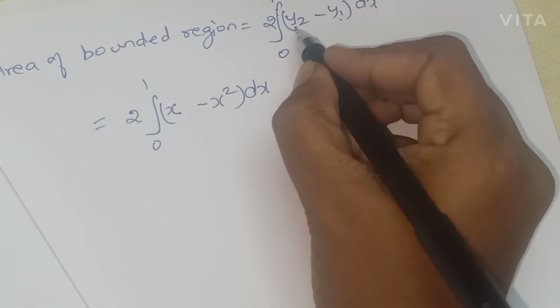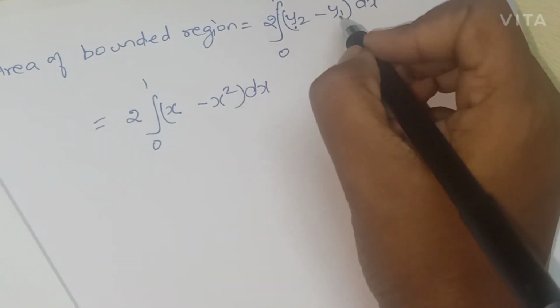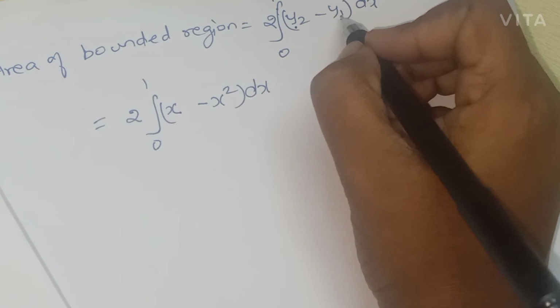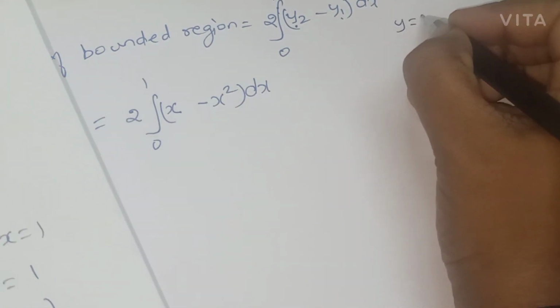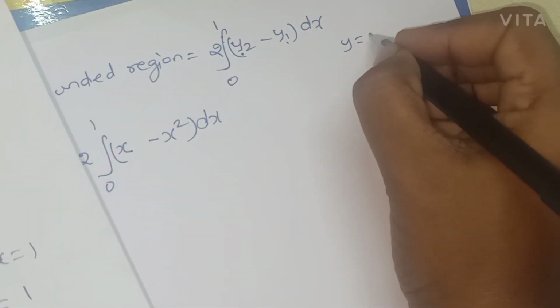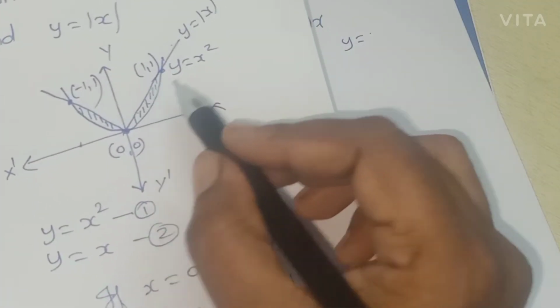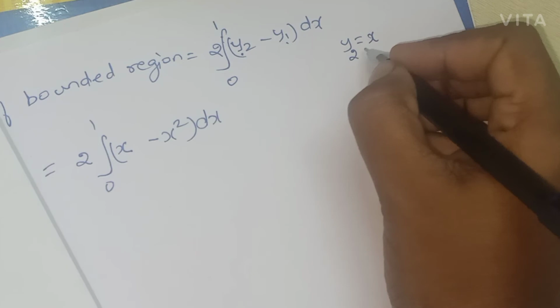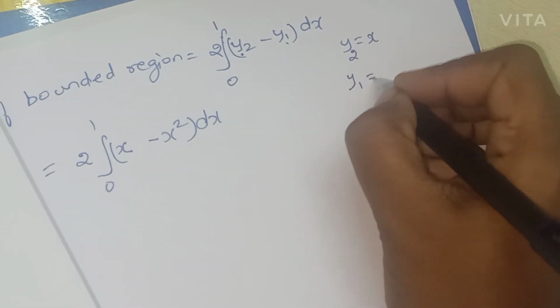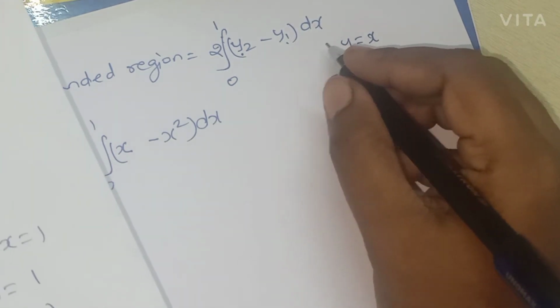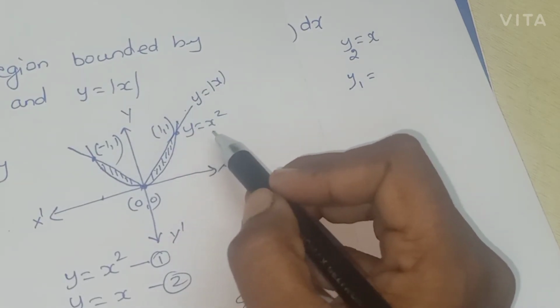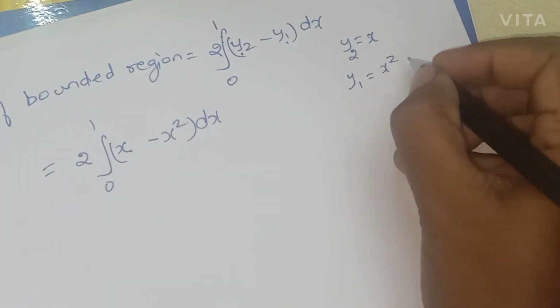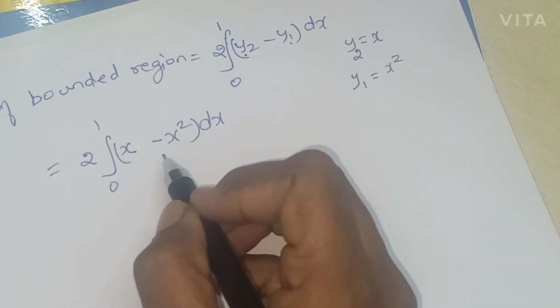This is the line and this is the parabola. Since we consider the positive quadrant, y2 is equal to x and y1 is x square. So we write x minus x square dx.